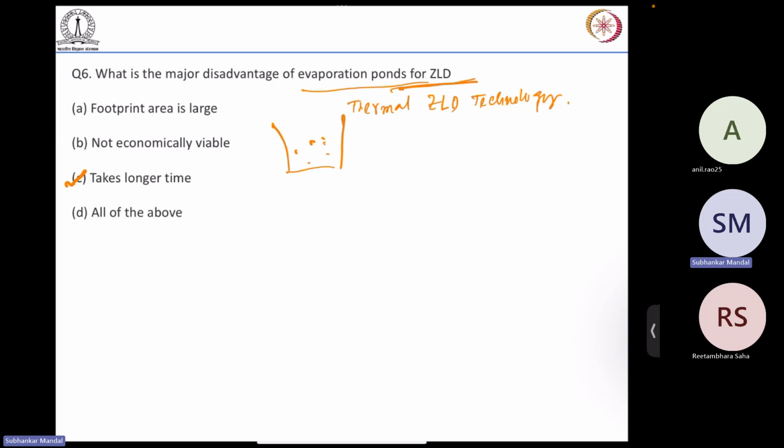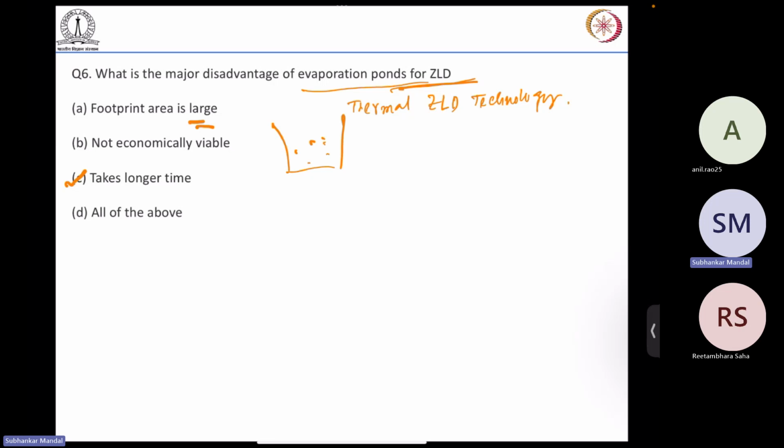As the surface area of the pond increases, the evaporation will increase. So that means the footprint area is also large. That is a kind of disadvantage, because suppose you have some machine and in 1 hour you are transferring 2 or 3 liters of water and producing pure water from that, that machine will take a very small area. But the pond is quite big.